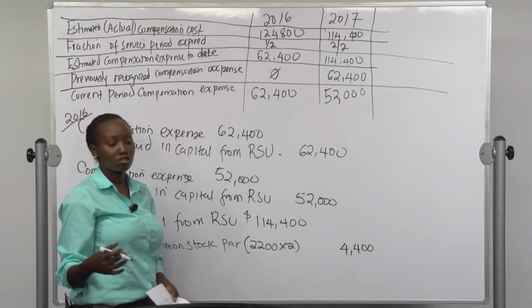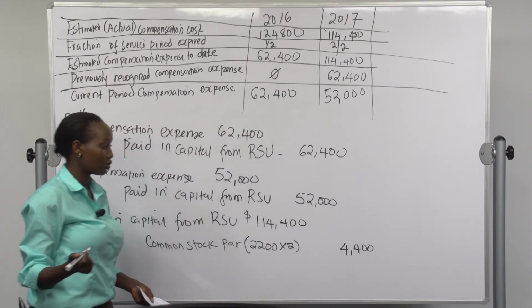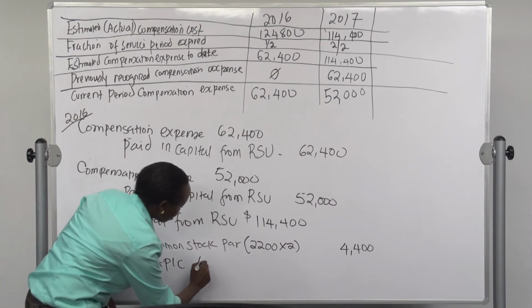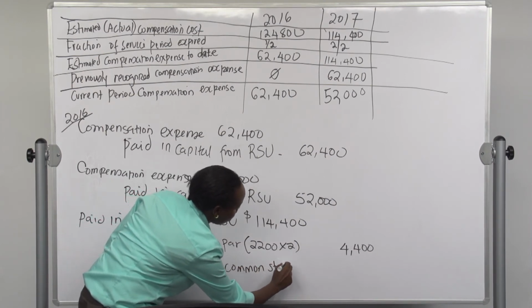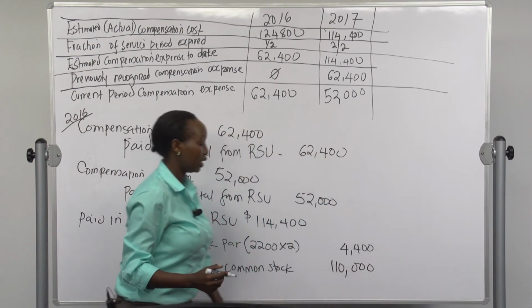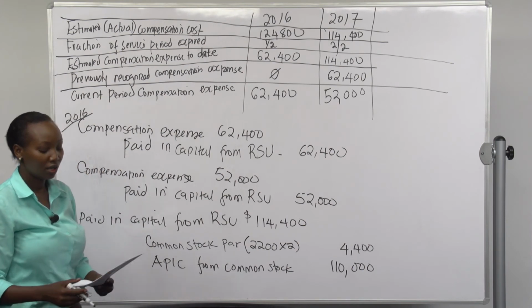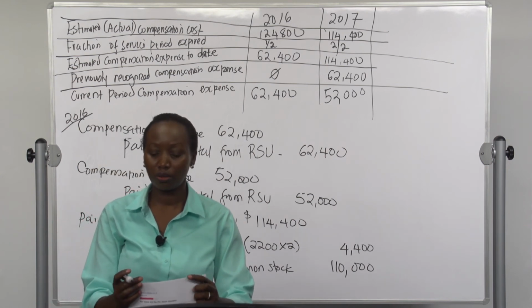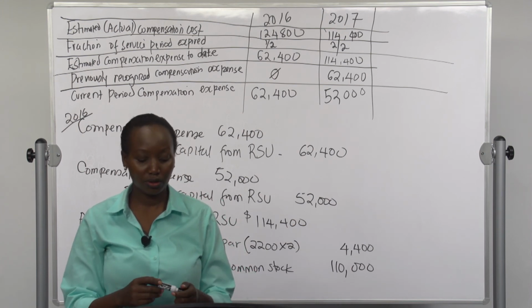Any difference goes into additional paid in capital, so we take 114,400 and subtract 4,400, and we have 110,000. We put the description: to record reclassification due to the award of the RSUs to the employees who completed the service period. And that is it for this problem.